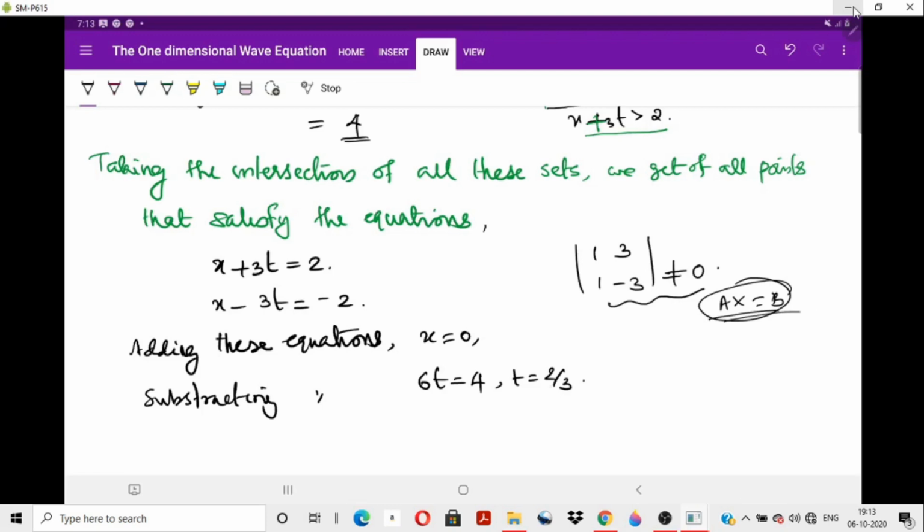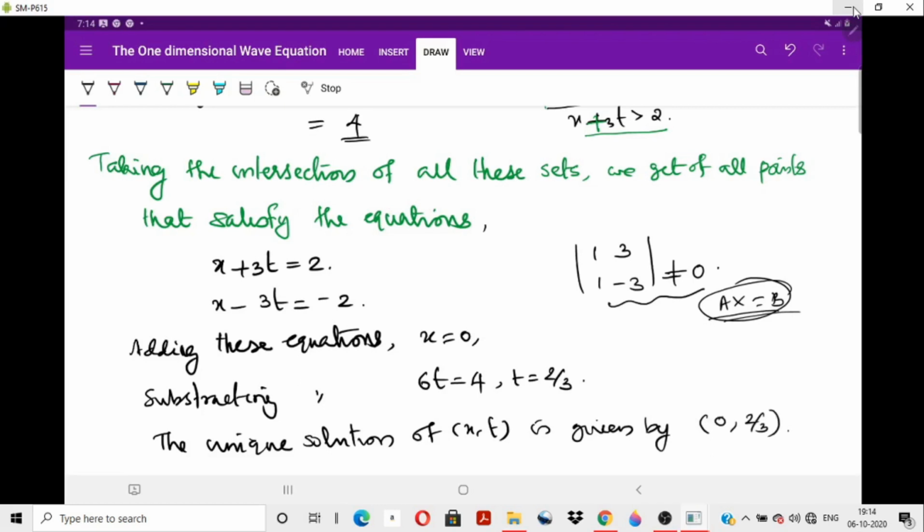So this is the only possible value, the unique solution of (x, t), given by x equal to 0 and t equal to 2 by 3.